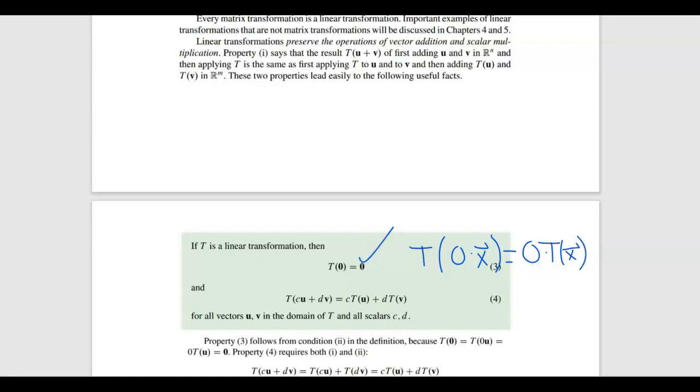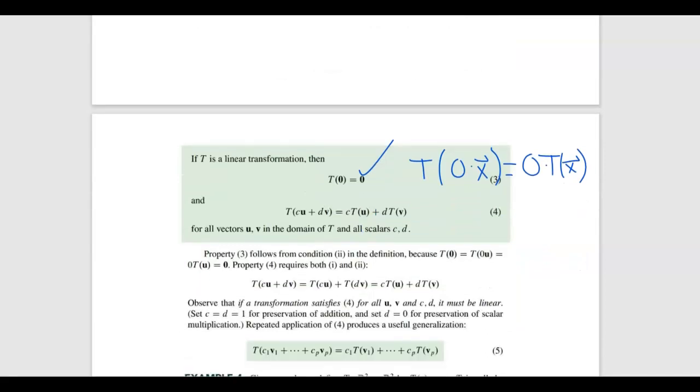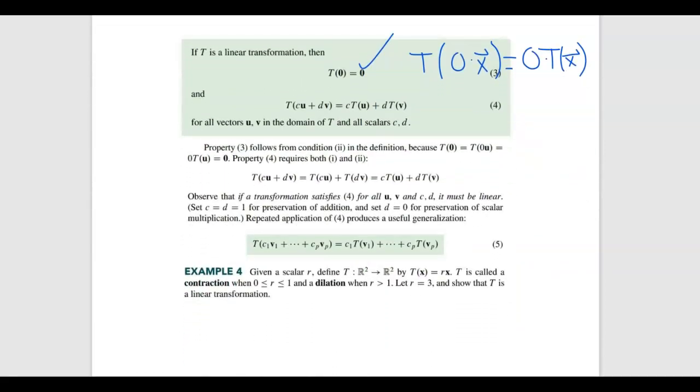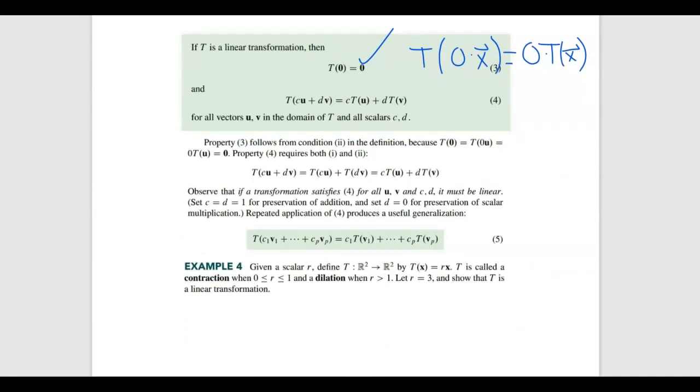And so I'm going to end up getting 0 on the outside when I multiply. And then it also is true that if you have some kind of combination of scalars and addition, you can apply both rules at once.